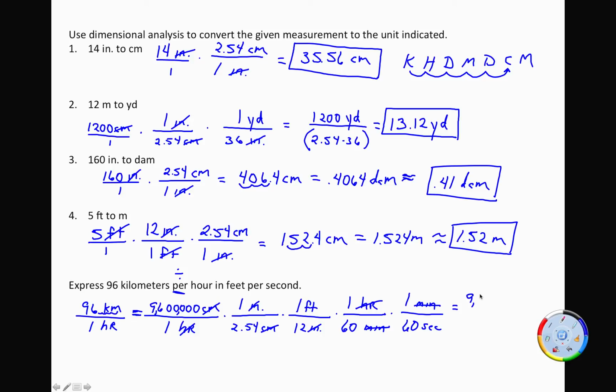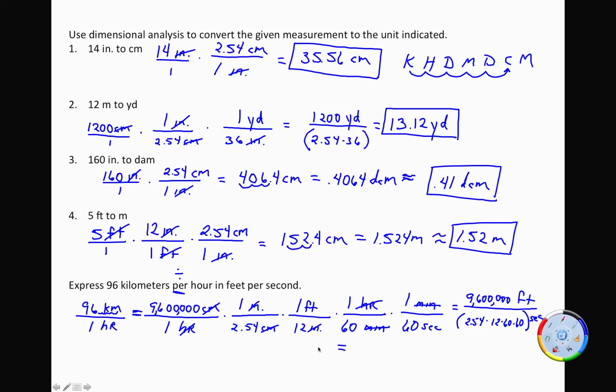So that's 9,600,000 feet per, now I've got 1 times 2.54 times 12 times 60 times 60. Don't forget, I've got to have all of that in parentheses, or it will not give me the right number.